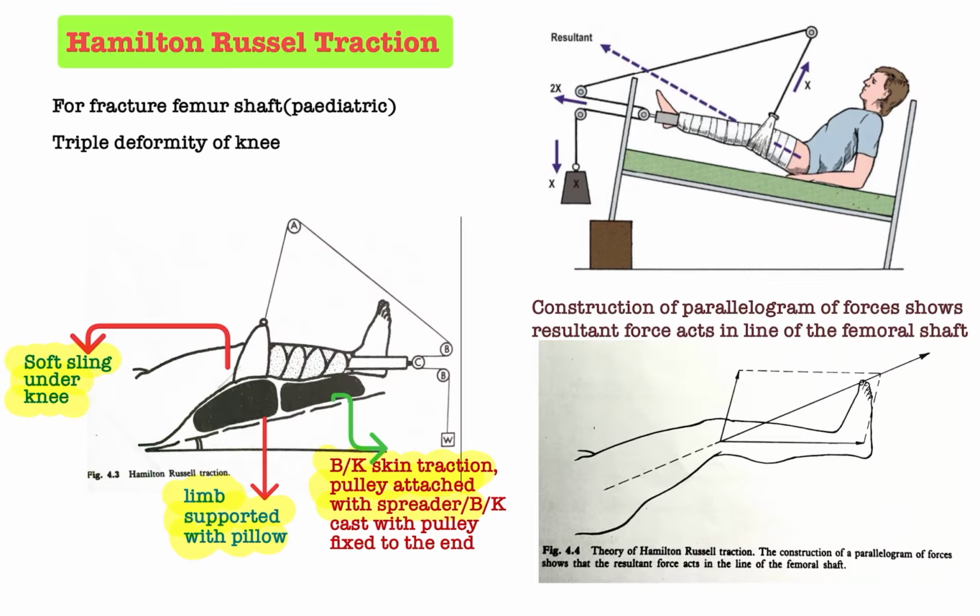There is a construction of a parallelogram of forces which shows that the resultant force is twice the force that is applied, and it acts in the line of the femoral shaft. It is indicated in fracture shaft femur in pediatric patients and in case of triple deformity of the knee.